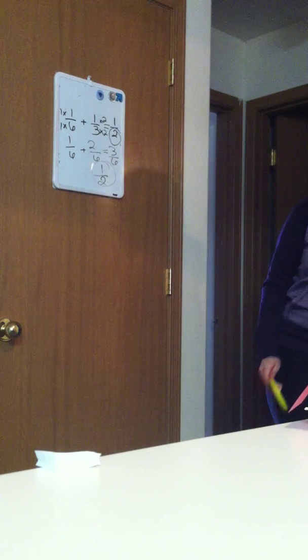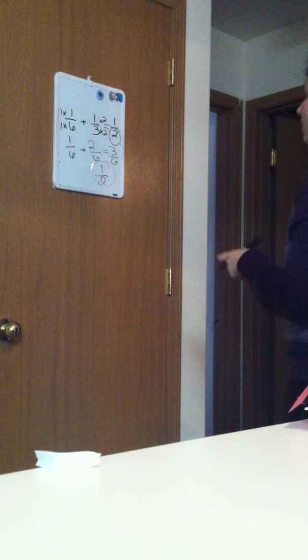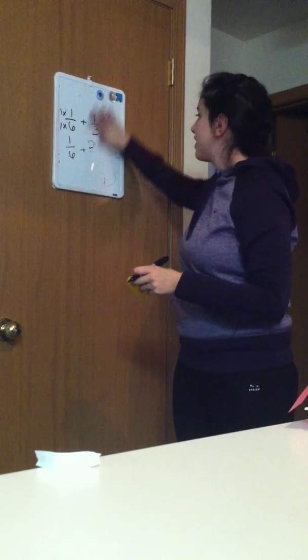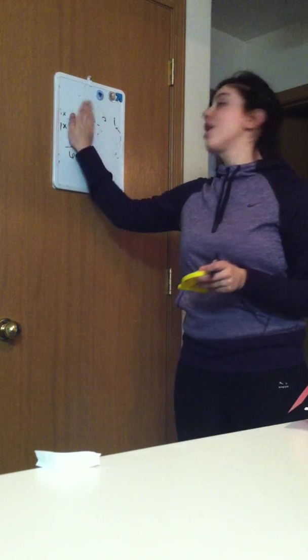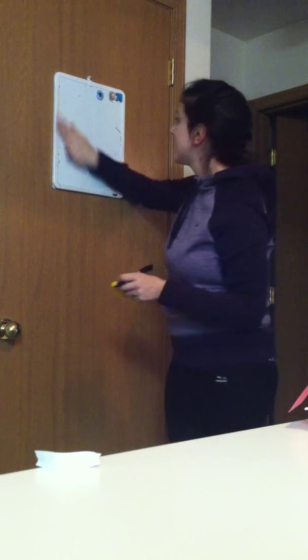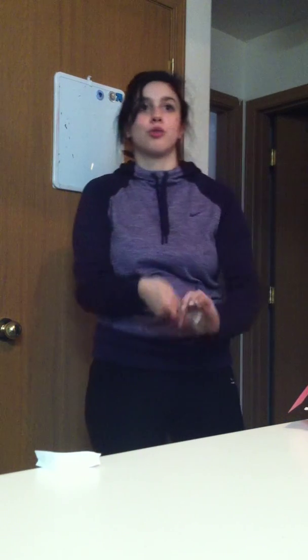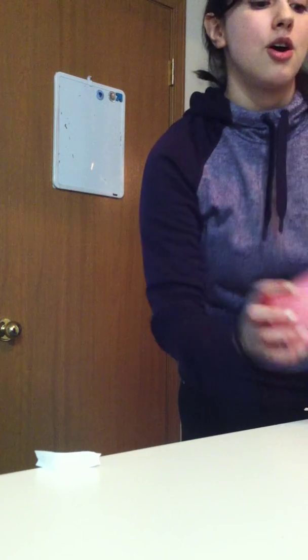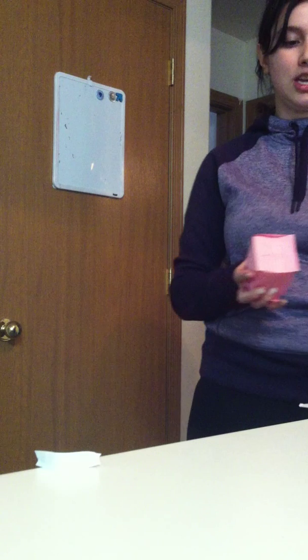Okay, now, since we've gone through all our practice, I want you guys to play a little game. It's called Rock Around the Clock. How we play this is, we have these fraction blocks, and they're dice. You get to choose which dice you want to roll first.